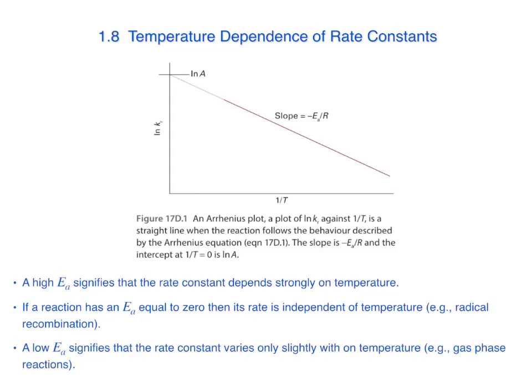So a low activation energy signifies that the rate constant varies only slightly with temperature. We often see this with gas phase reactions, where changing the temperature of the system by 10 or 20 Kelvin doesn't cause a dramatic increase in the reaction rate. Whereas if that reaction was carried out in solution, we would expect to see a significant increase in the rate of the reaction as the temperature is increased to that extent.